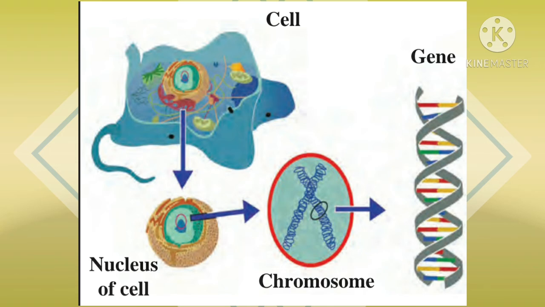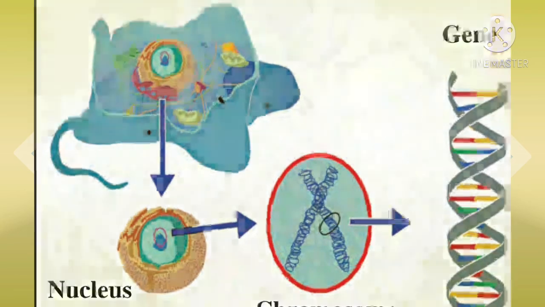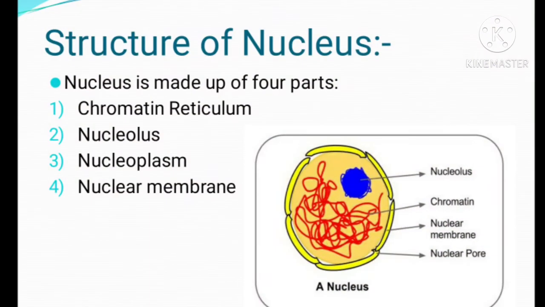Every eukaryotic cell contains a controlling center called the nucleus. The eukaryotic nucleus is a well-defined nucleus. It is made up of 4 parts: chromatin reticulum, nucleolus, nucleoplasm, enclosed inside the nuclear membrane.